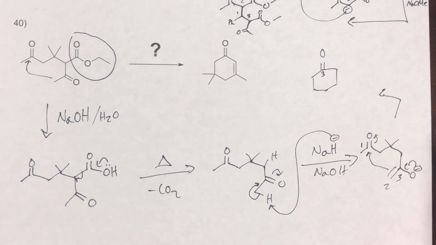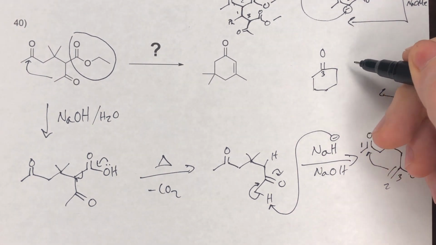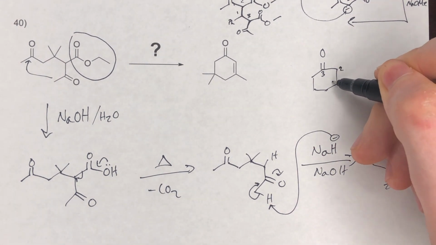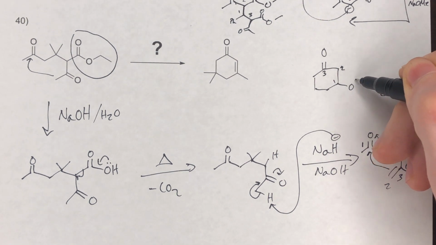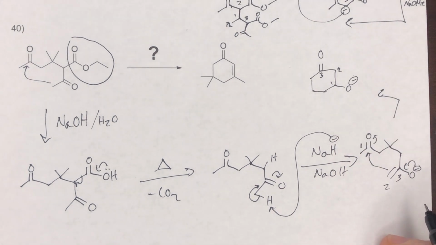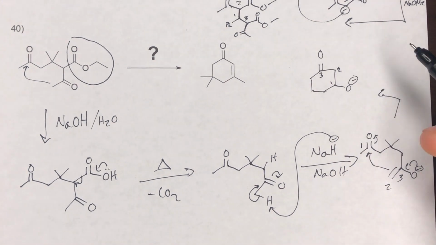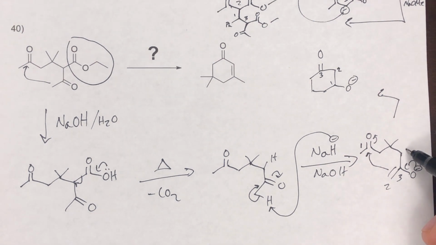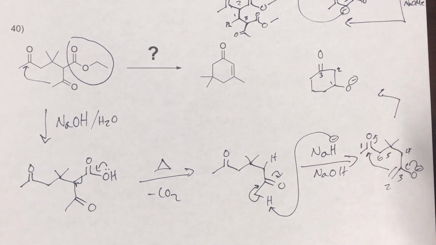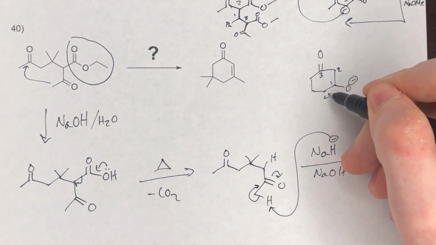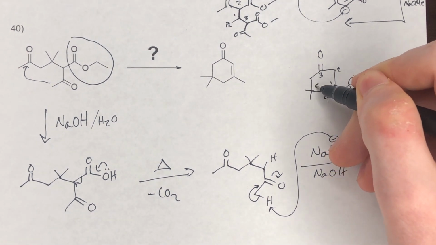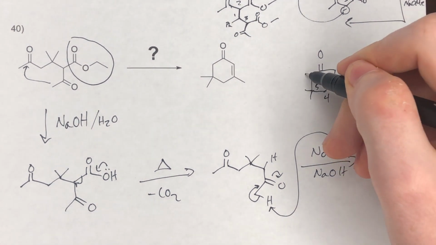So if that was the case, then this must be 2, and this must be 1. So this is bound. This is now the O minus. And then, of course, you now need to consider carbons 4, 5, and 6, which are here. So 4 would be this position, 5 has the dimethyl, and 6 has nothing, so that's here.